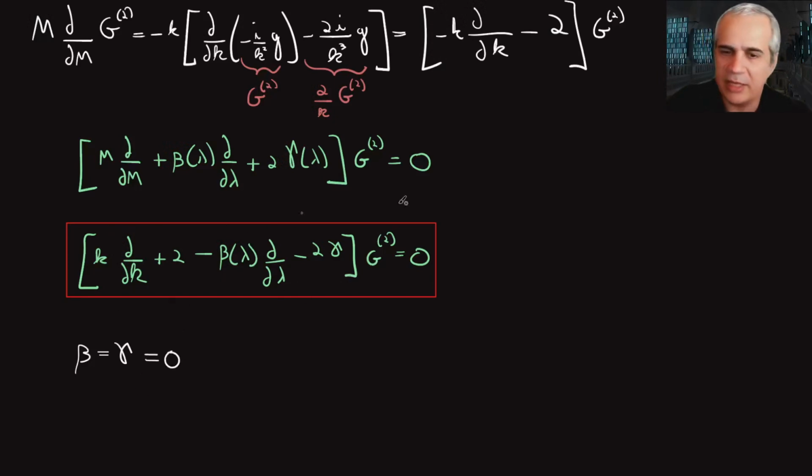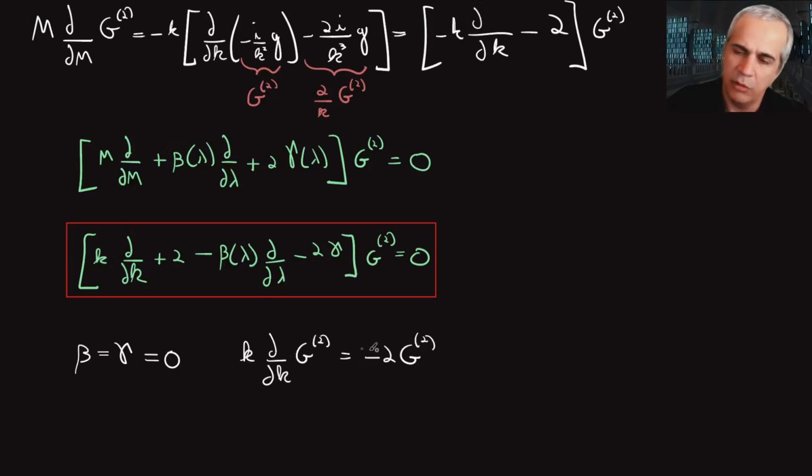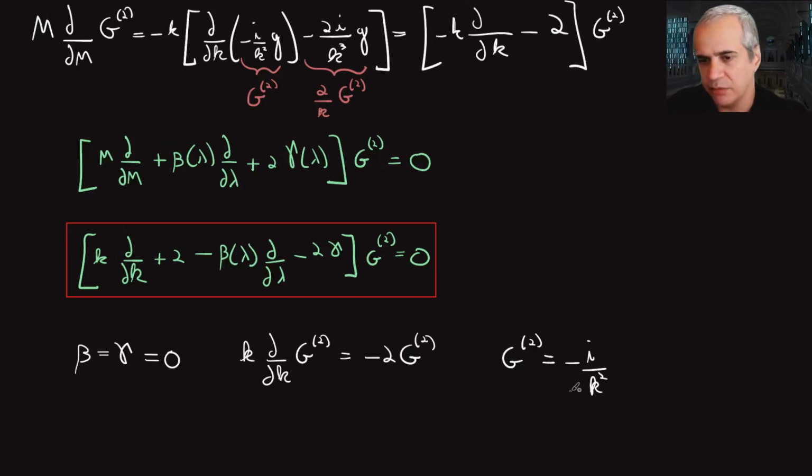And in that case, this equation is just k ∂_k G2 = -2 G2, which now admits as a solution G2 = -i/k², which is exactly the free propagator in a massless scalar field theory.